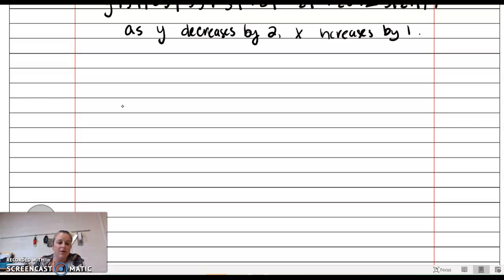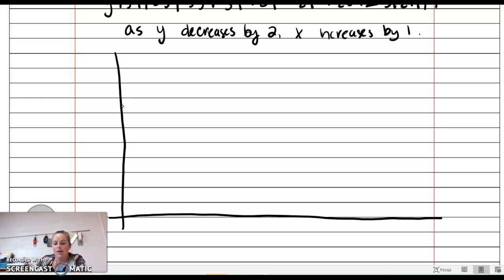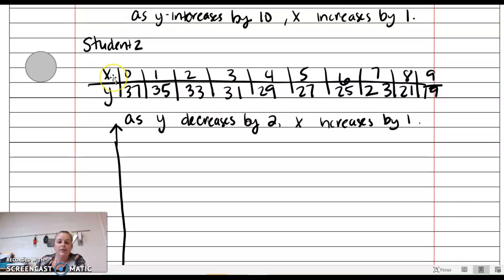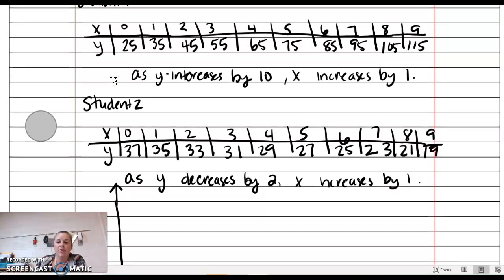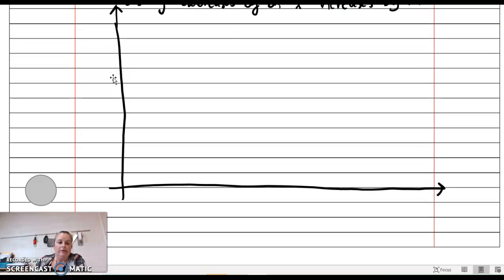So I'm going to set up a little graph. Okay. Make this a little taller here. Looks like we have to go all the way up to 115 on our y. Oh no, we can see so 10, 20, 30, 40, 50, 60, 70, 80, 90, 110. Okay, I think we can go by tens.